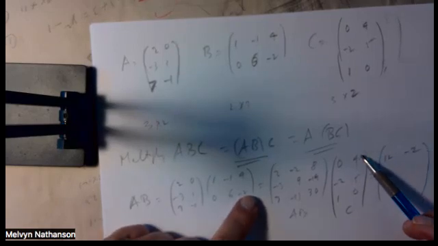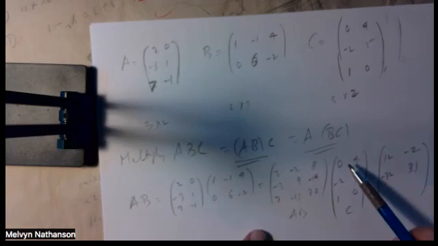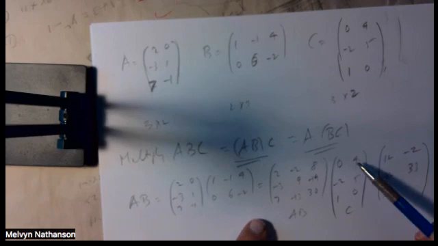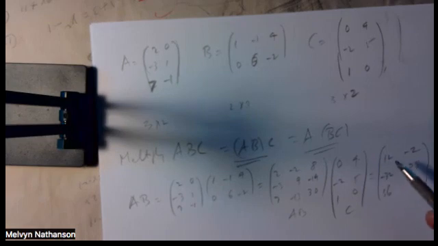Minus 12 plus 45, 45 minus 12 is 33. 26 and 30 is 56. And 28 minus 65, 37, I think. So it looks like this is AB times C.